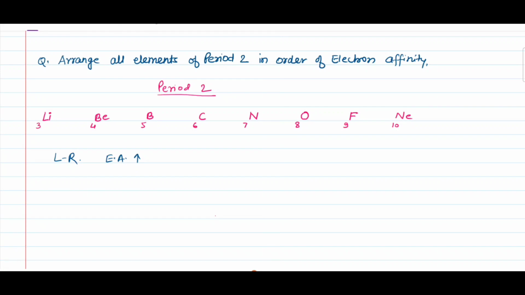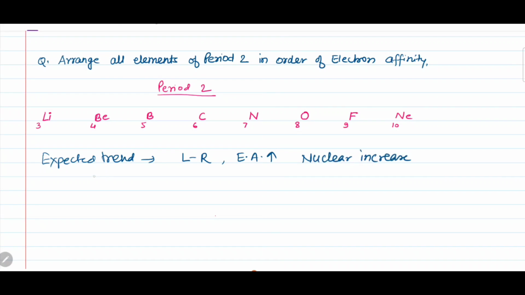But in this case, let's see the expected trend. As we have just seen, from left to right along a period, the electron affinity increases because the nuclear charge increases.